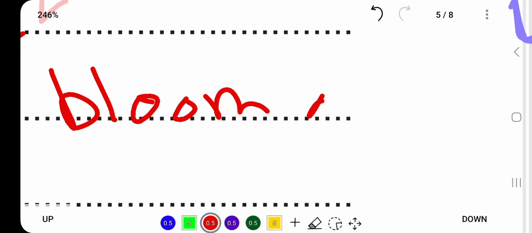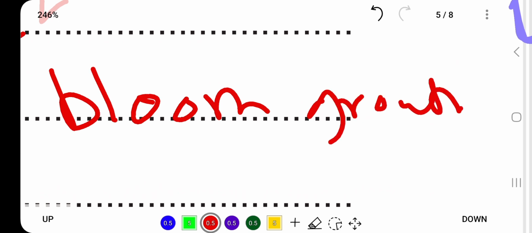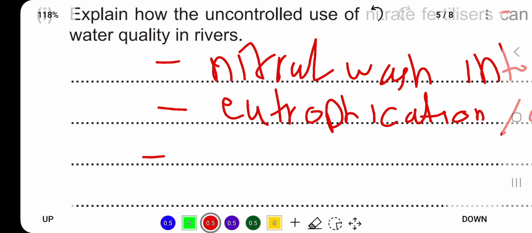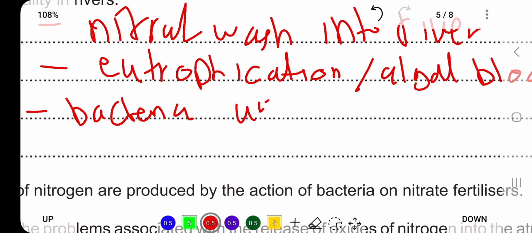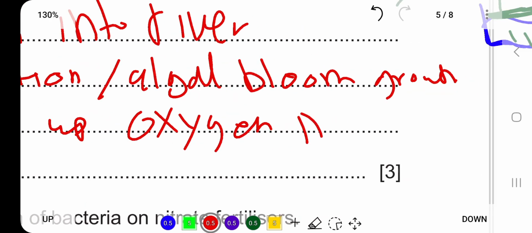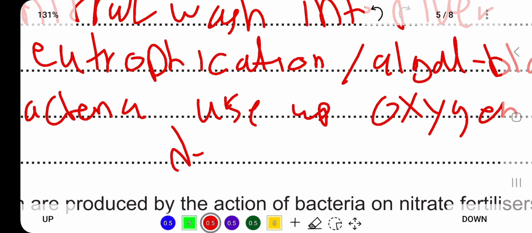Algal bloom growth is what prevents all the stuff. And then bacteria use up oxygen in decay process.